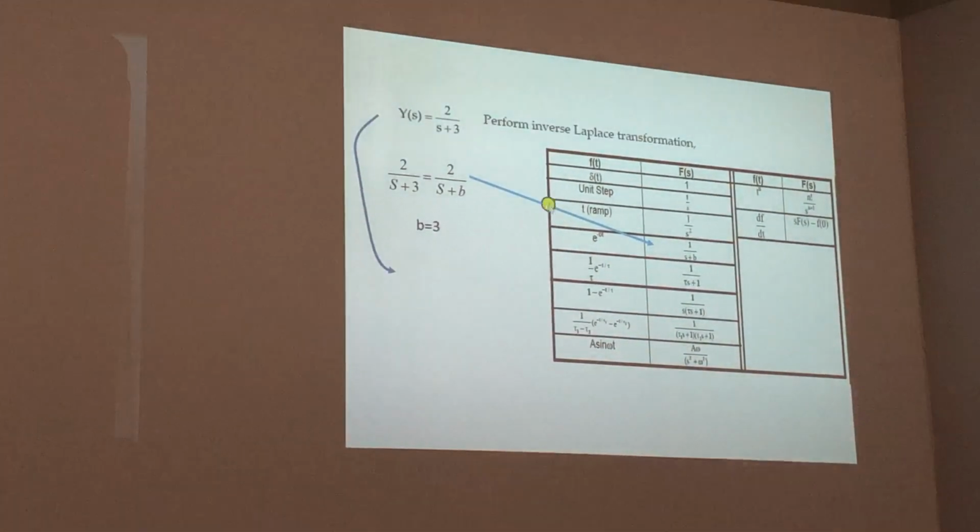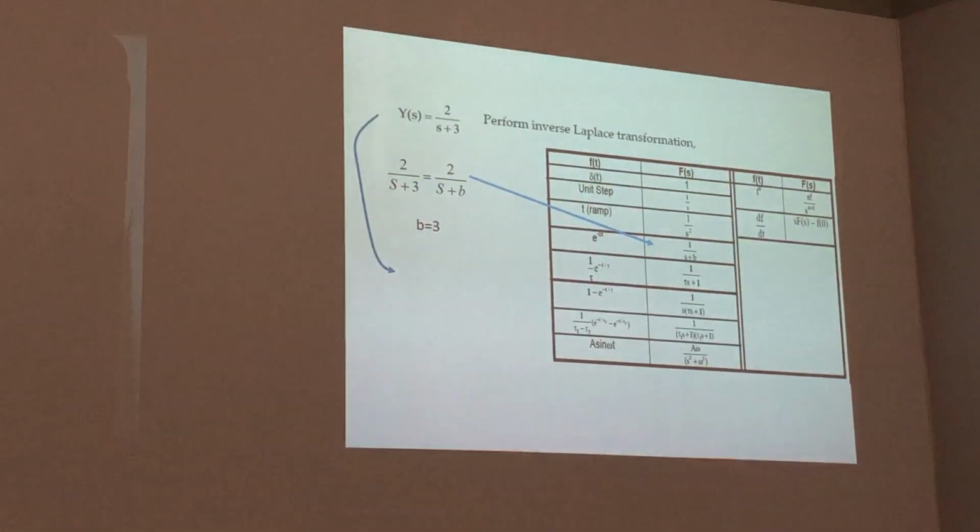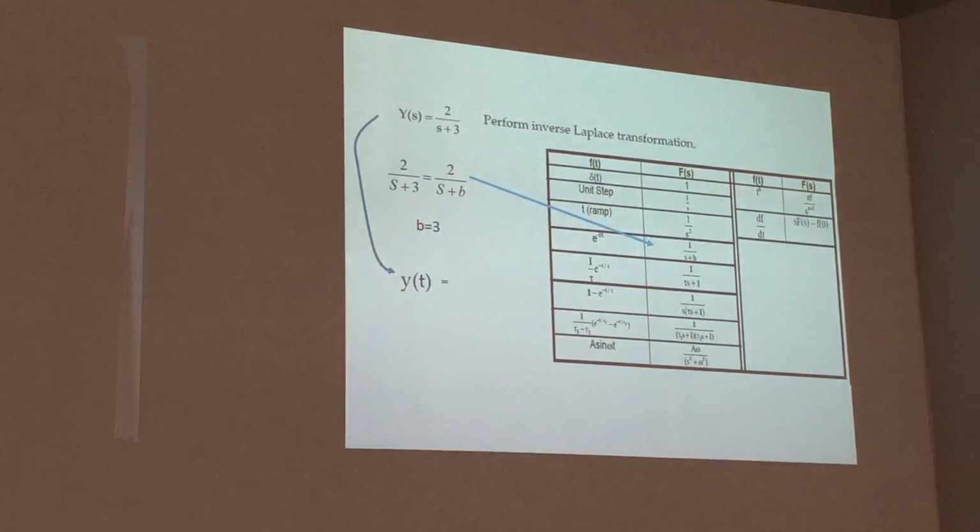2 is actually something you multiply by 1, so you can always bring it out. So when you inverse this one, it becomes e power of minus bt, and you know b is 3. So from here, when you inverse, the Y is a capital letter, then becomes a small letter again. Inverse means whatever is capital in the Laplace, you bring it back, it will become a small letter.